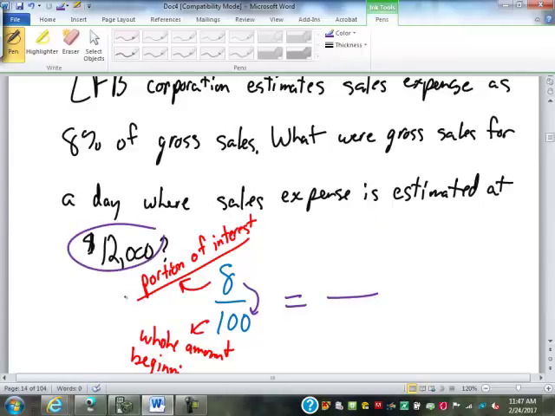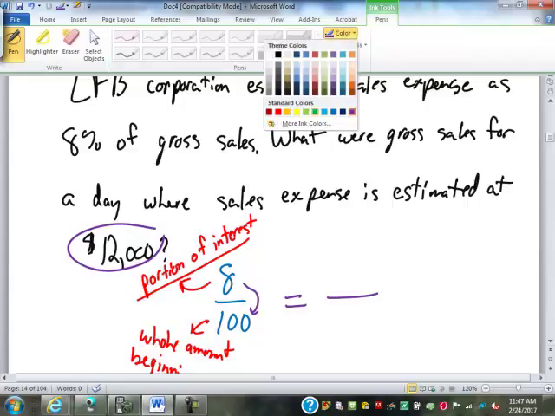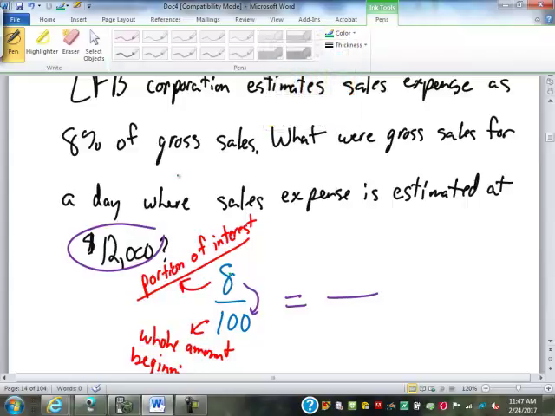Does that represent, well, in this case, the 8%, the portion of interest, represents sales expense. And that sales expense is a portion of the gross sales.